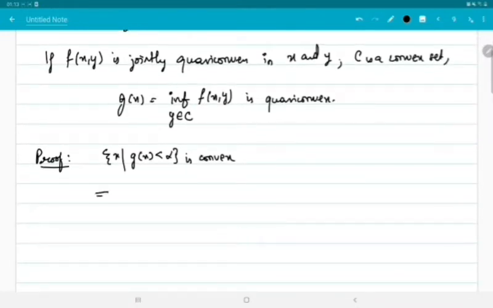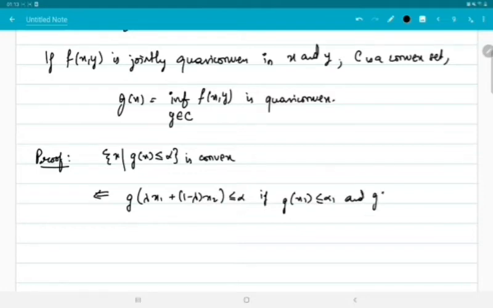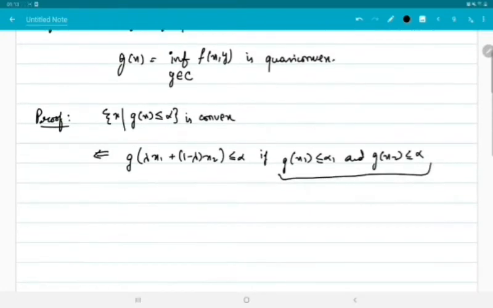So it is sufficient to prove that g of lambda x1 plus 1 minus lambda x2 is less than or equal to alpha, if g of x1 is less than or equal to alpha and g of x2 is less than or equal to alpha. This is basically given to us, and this is what we have to show.